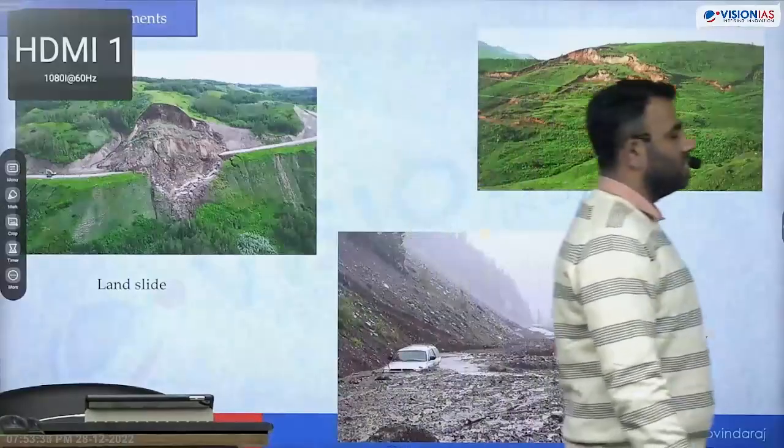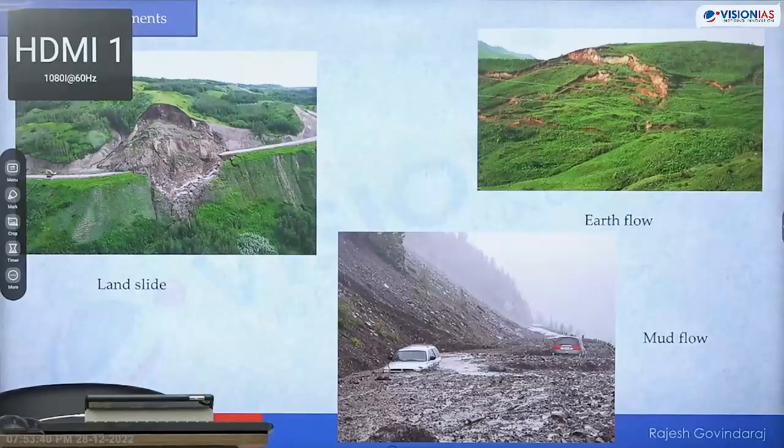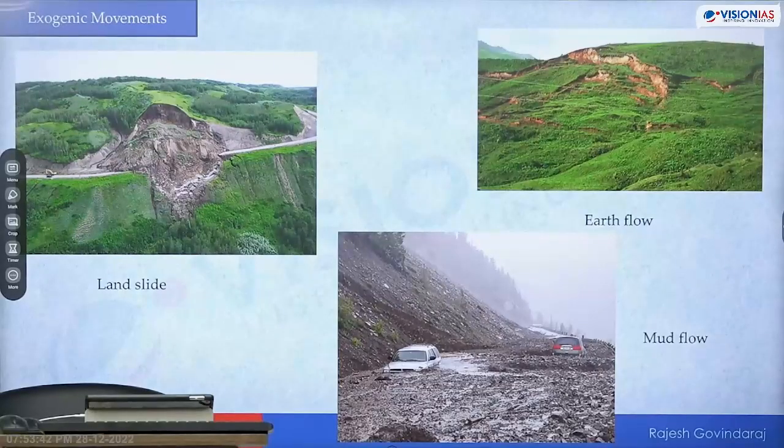Okay, most commonly it is called landslide, but there are different types of mass movement. So take landslide. This is what a landslide is. You can see the landslide here.